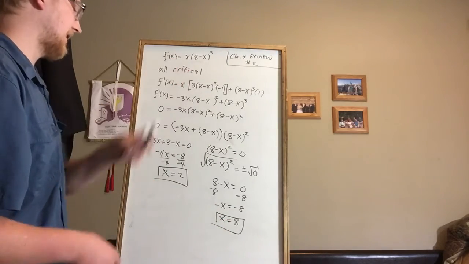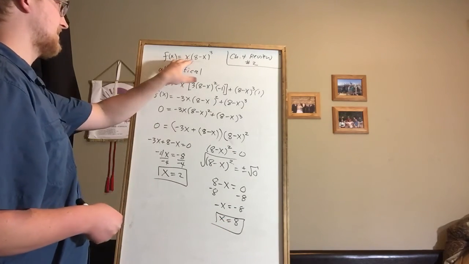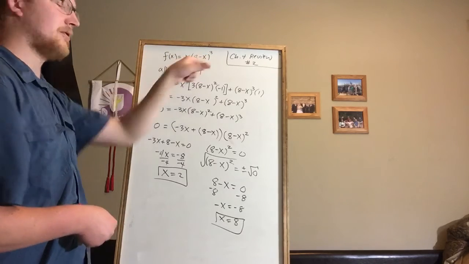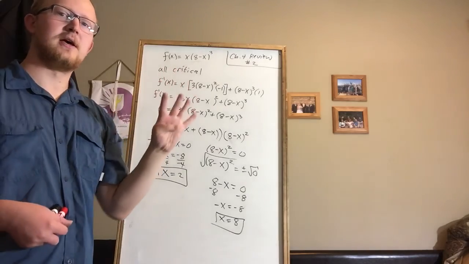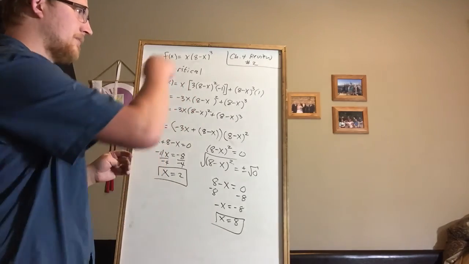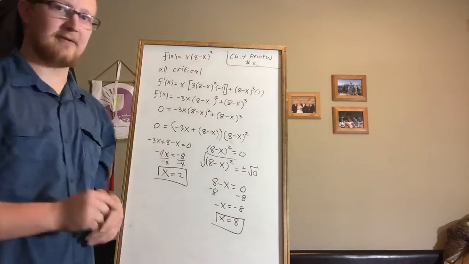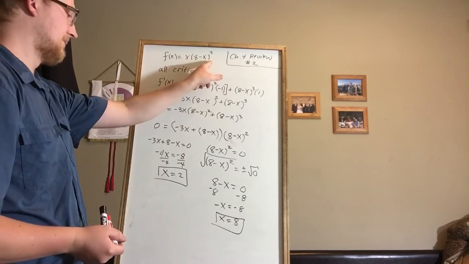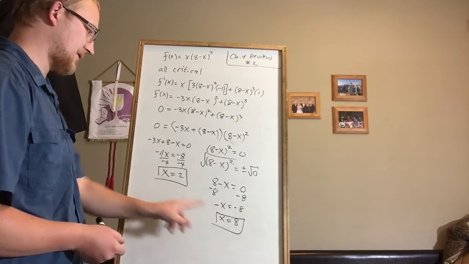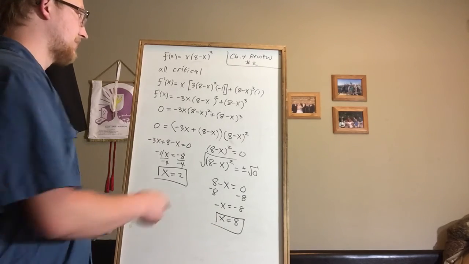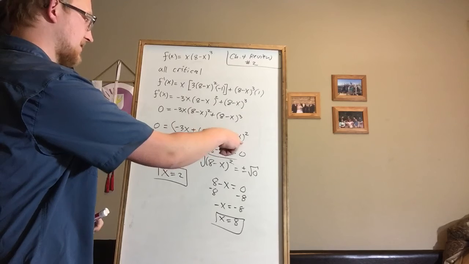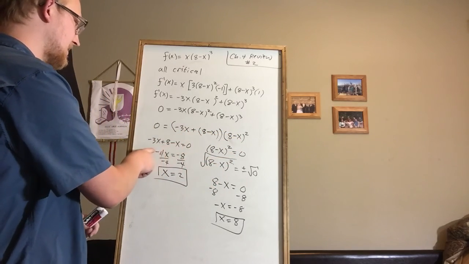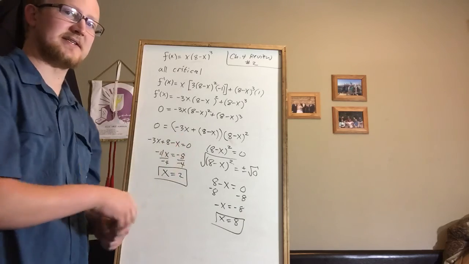Normally if you look at something to the 4th power, so in other words we have an x to the 1st power and x to the 3rd power, that's a quartic equation, and normally it would have 3 extrema. But because this one is repeated, we only get 2 extrema. One from the 8 minus x squared, or just the 8 minus x term, and one from this minus 3x plus 8 minus x equals 0 term.